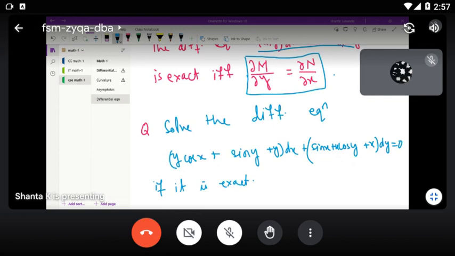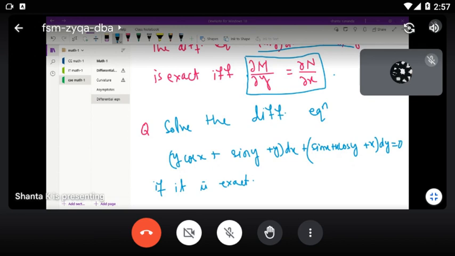Yes, ma'am. See, arrange the terms. At least by the formula, we are able to show that it's an exact differential equation.